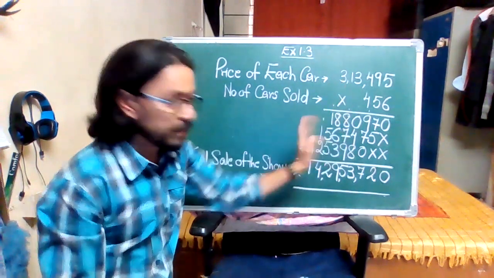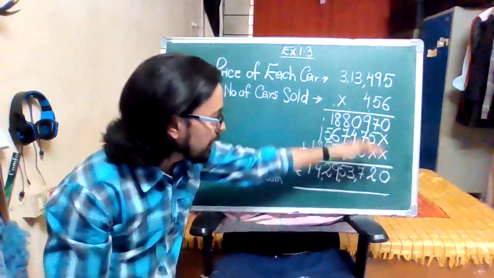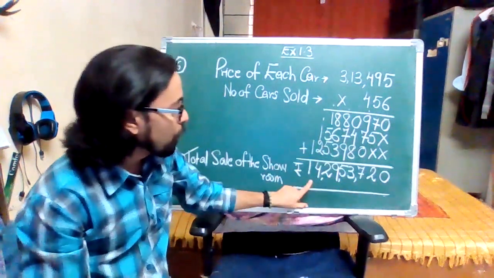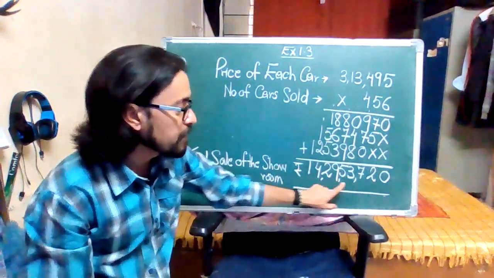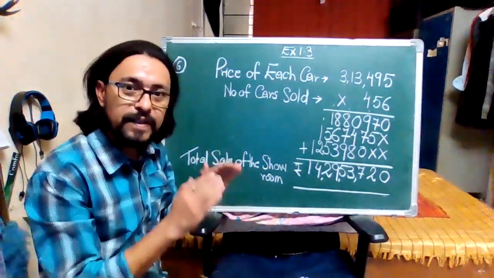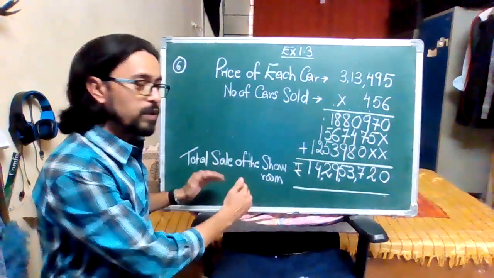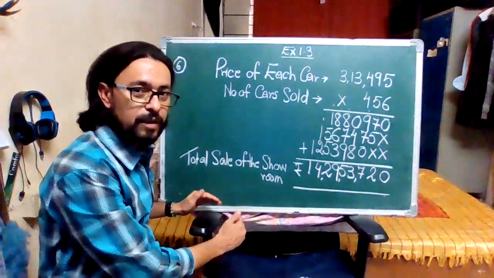And when I multiply, this time I have done the multiplication for you. When I multiply the entire thing and I add up, I get 14 crores 29 lakhs 53,720. And that is the total sale of the showroom. So I don't have to put a separate new statement for it.